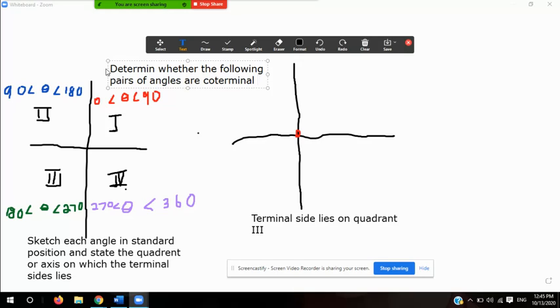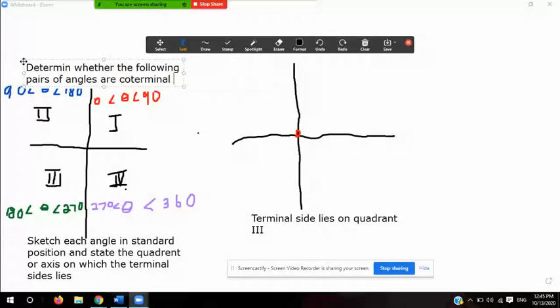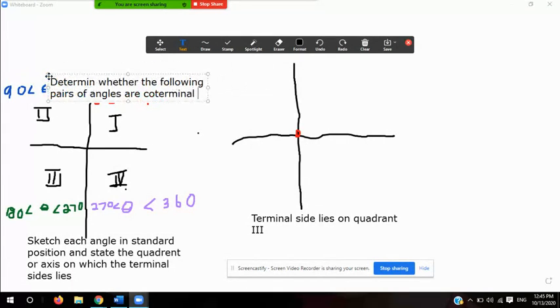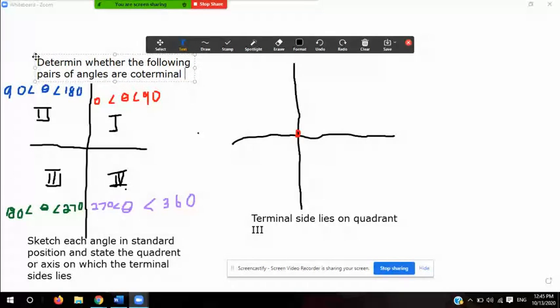So in other words, whether the pairs of angles actually have the same terminal side, or that the terminal side is located in the same position.